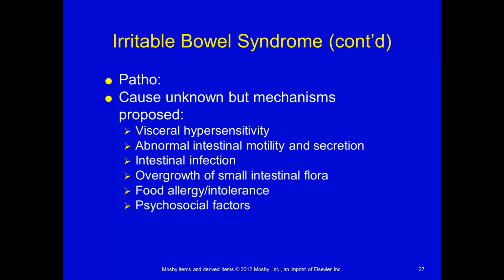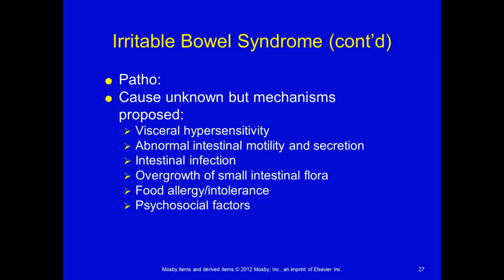It can be because of intestinal infection and overgrowth of some of the normal flora. There's research being done looking at it stemming from a food allergy or intolerance. So the allergy can activate mucosal immune systems, which they think might be part of the problem. But again, it's not necessarily an inflammation, so it's not that there's necessarily breakdown of the tissue as there was with an inflammatory bowel disease.